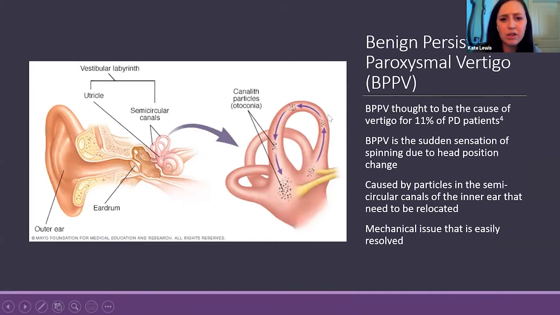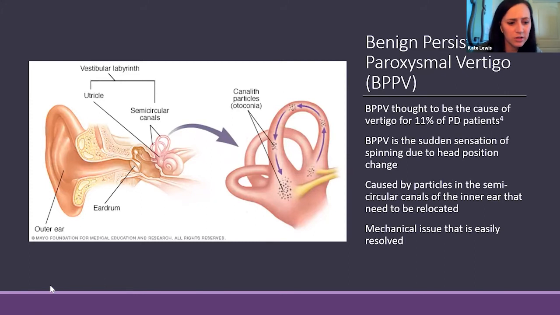They get displaced in these semicircular canals, and when they get displaced, they move fluid in the canals, and that causes dizziness. Every time you turn your head, the crystals get displaced and you feel dizzy. To resolve that, we move your head in certain positions to put those crystals back. But we'll talk about that more.